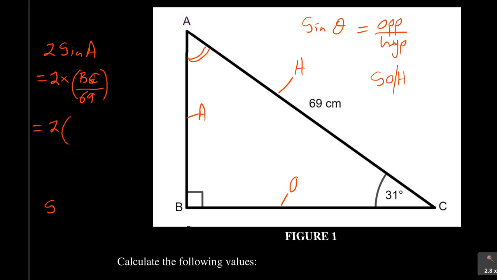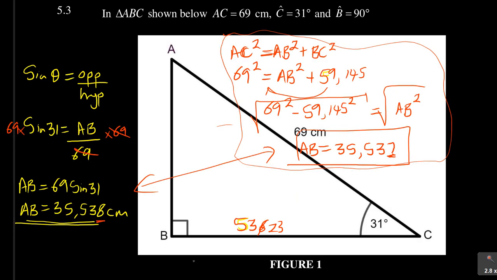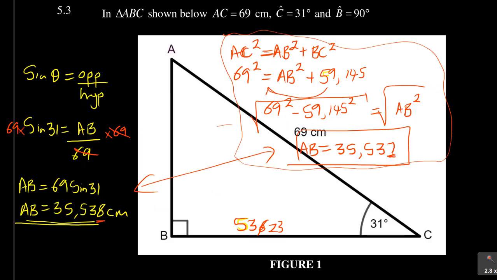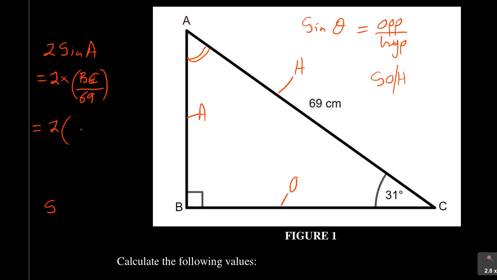Now we did find our BC. In this case, our BC was 59,145. Remember, we corrected it, 59,145. So you have 59,145 over the hypotenuse, which is 69 in this case.